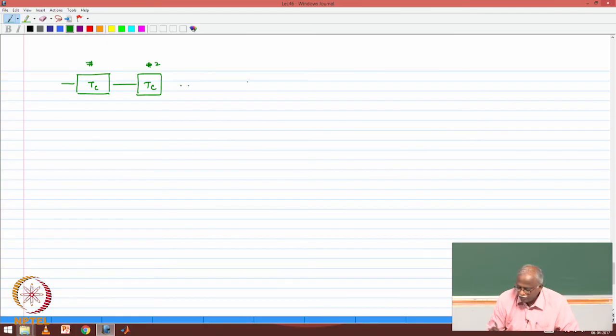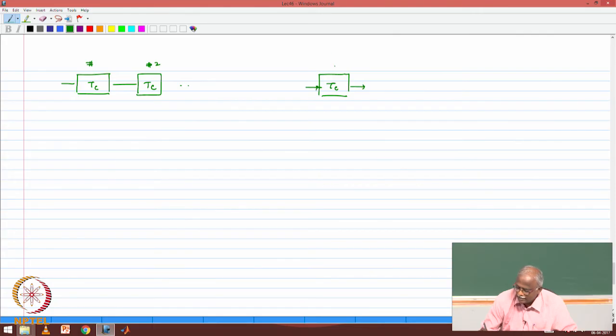So the structure is as follows. I have a chain of delays, TC, this is delay number 1, delay number 2, all the way to delay number L. And you say, well, this looks like the channel itself.